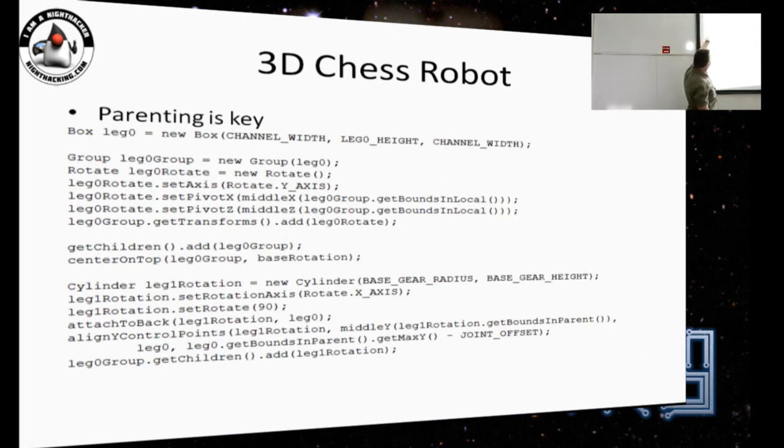We create a box, and then we create a group that represents the stuff that is attached to that box. And here is our rotation object. It has a pivot point, it has an axis of rotation, and whatever we create next, we just put inside this group. And all we need is to control rotation for this object so that the whole thing moves.